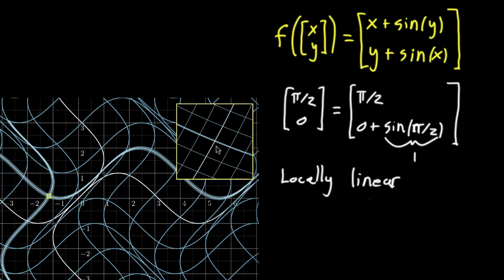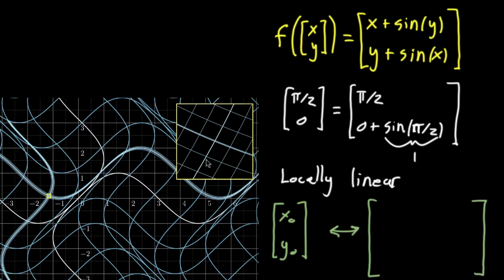So this raises the question, if we're looking around some specific point, which I'll call x naught and y naught, this should correspond in some way to the linear transformation that it looks like around it. There should be some kind of matrix, some 2 by 2 matrix, that represents the linear transformation that this much more complicated function looks like around that point.